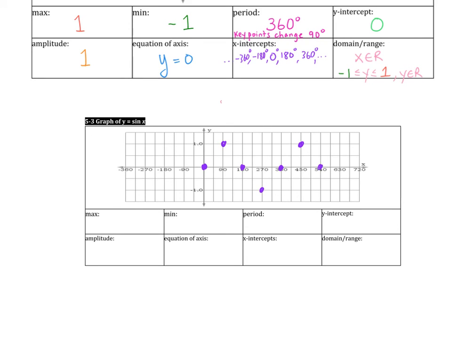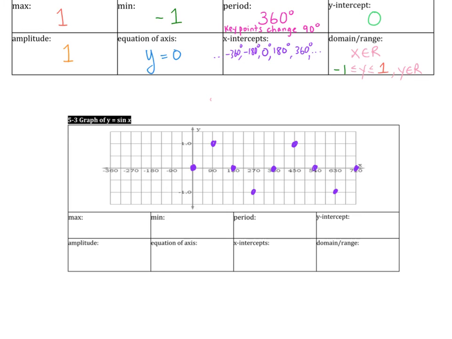Every 90 degrees, change your points, and then continue on the other side. And then just smooth curve. Doesn't have to be perfect, as long as it looks like it's hitting all the points, and as long as it's not a zigzag. And that's all you have to do.